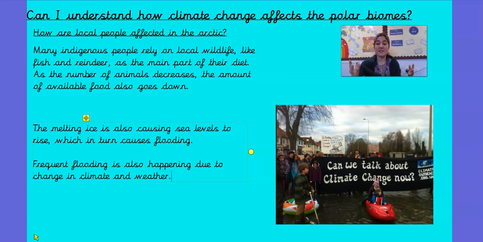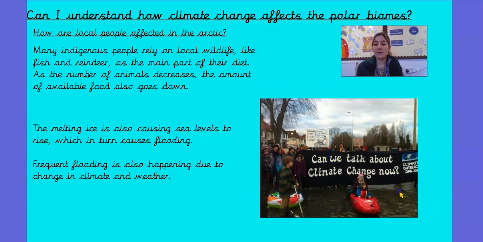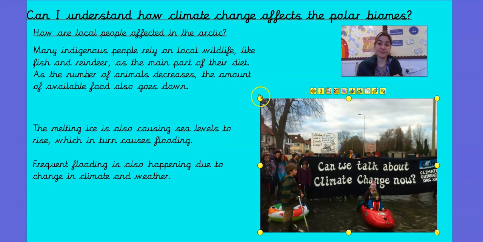So it means that flooding is likely to happen in more places and inland, not just near the sea. Okay, so flooding is likely to increase as well. So these are just a few ways in which climate change is affecting the polar biomes and the earth all over.